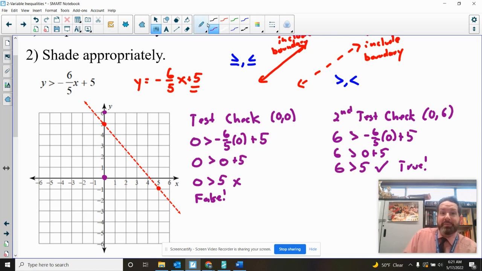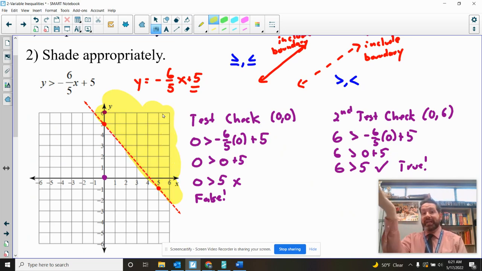That means that this ordered pair up here, that 0, 6, is a solution to the inequality. But more than that, if the 0, 6, this point above, is a solution, then so is every other point above. So this has let me know my shading this time needs to go above the boundary line.